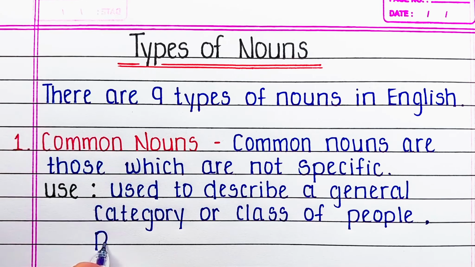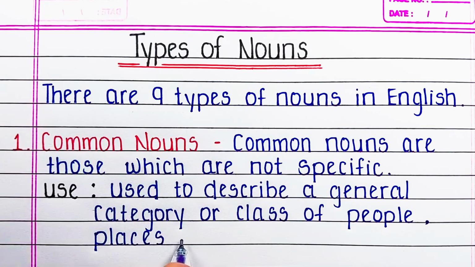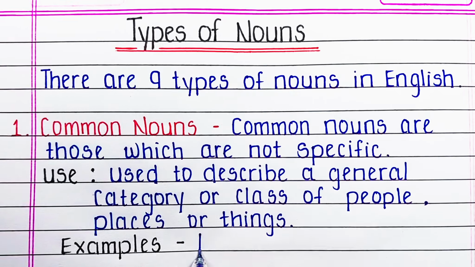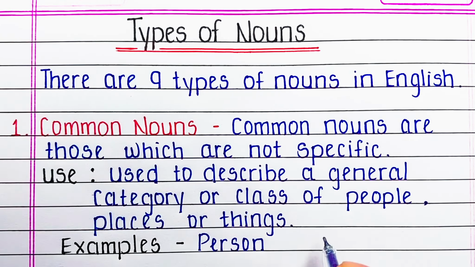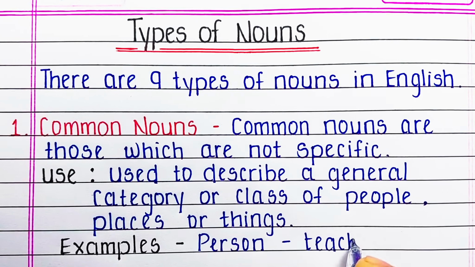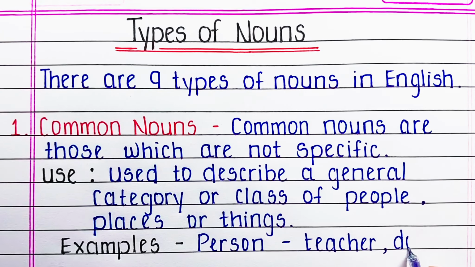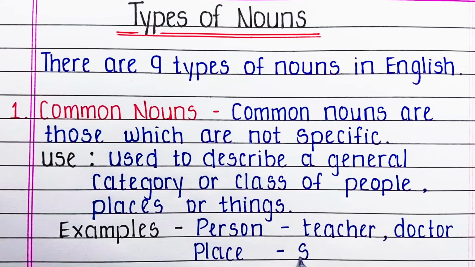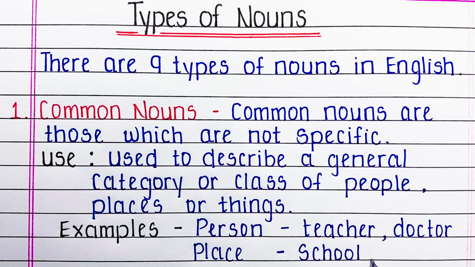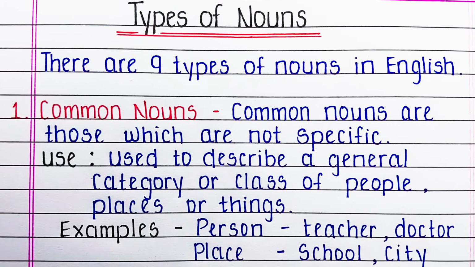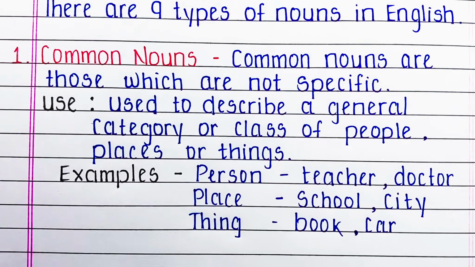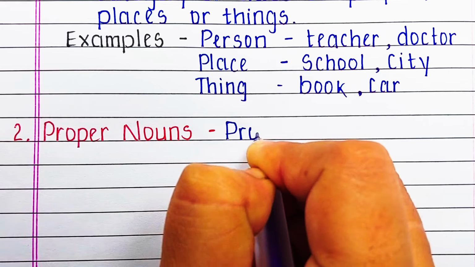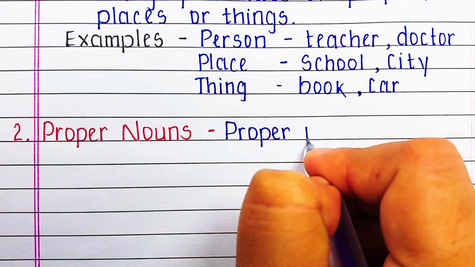Use: they are used to describe a general category or class of people, places or things. For example, for people or person, nouns are like teacher, doctor, etc. For place, it is like school, city, etc. For things, it is like book, car, etc.